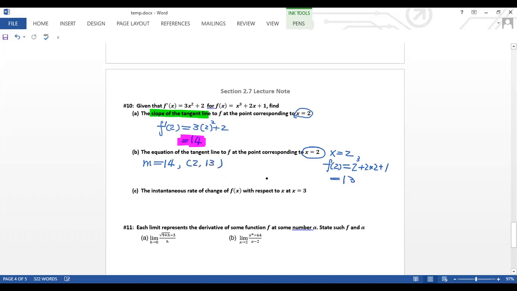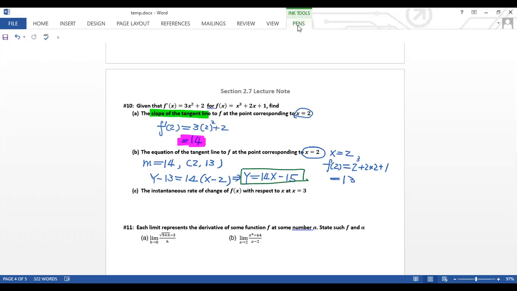Okay, now from algebra, find the line. It's y minus y1 is equal to the slope times x minus x1, right? So y minus 13 is 14 times x minus 2. If you simplify it a little bit, you can say y is equal to 14x minus 15, right? So this is our tangent line.